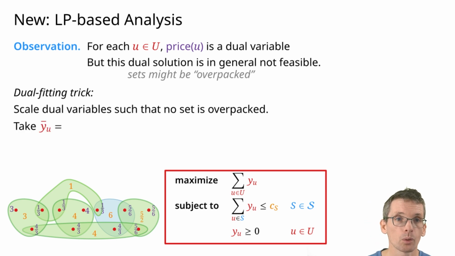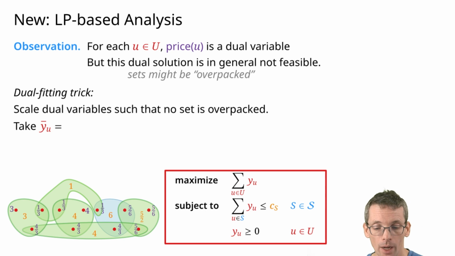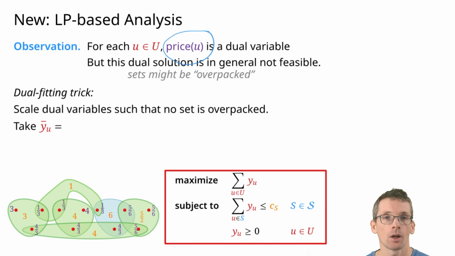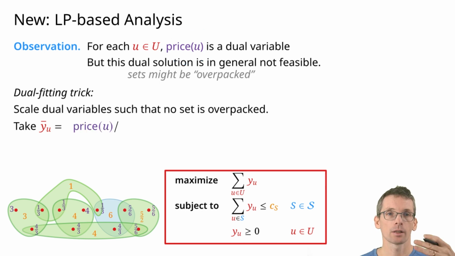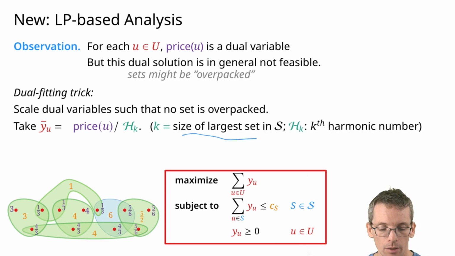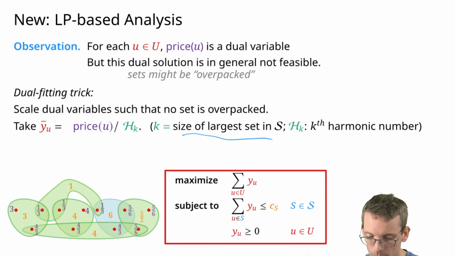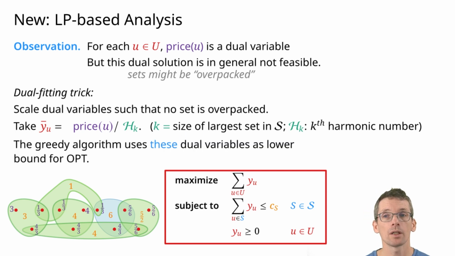And what we're going to do is, instead of taking the y_u as the prices, we're now going to take y_u bar, which is the price divided by the kth harmonic number, where k in our setting is the cardinality of the largest set in S. So in our example, k is 4 because I have a set with 4 elements, and H_k is simply the kth harmonic number.